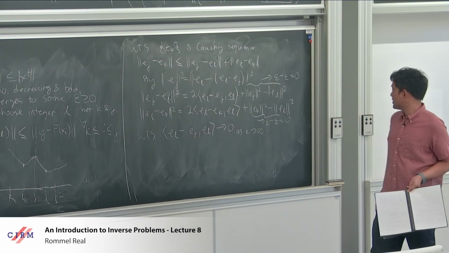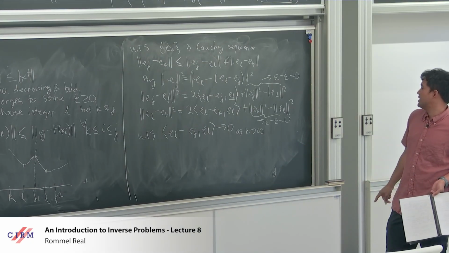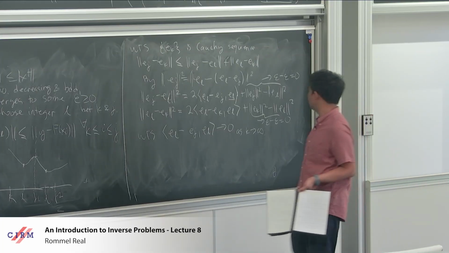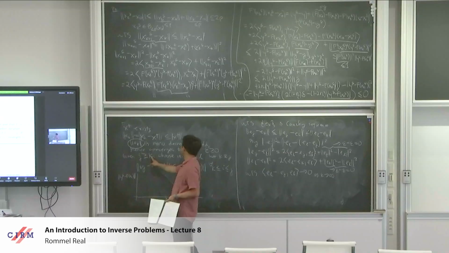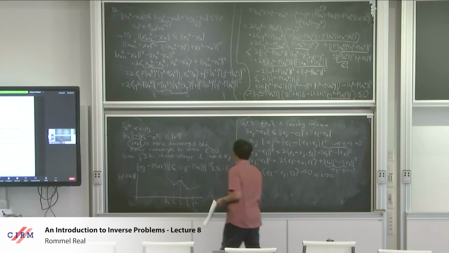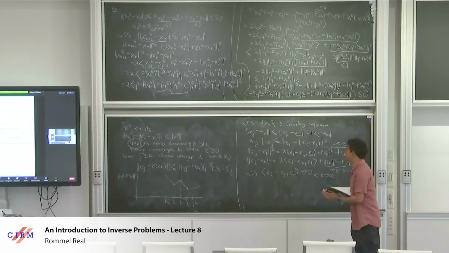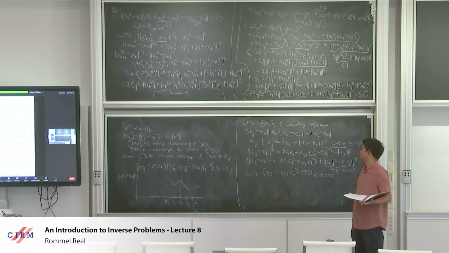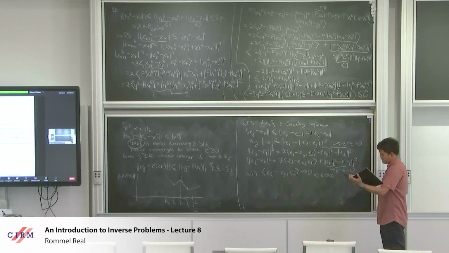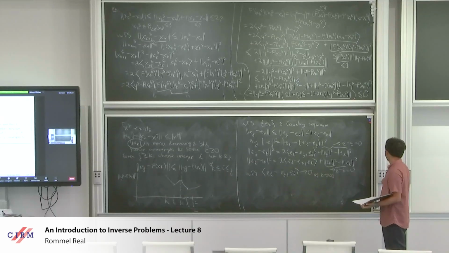This makes sense because of our choice of k. As k goes to infinity, of course, j must also go to infinity, and also L.